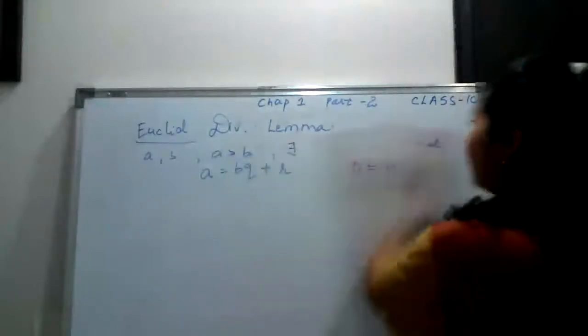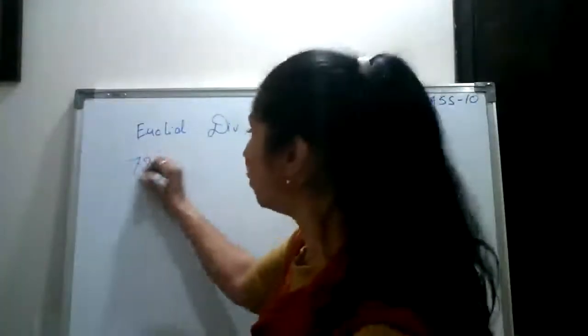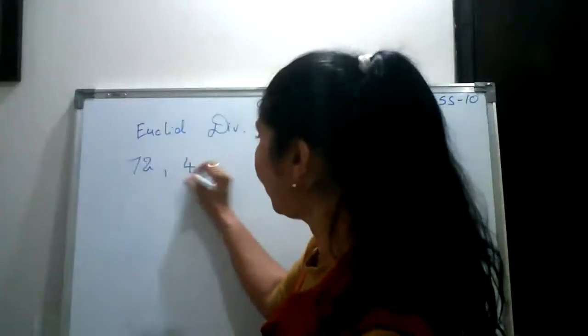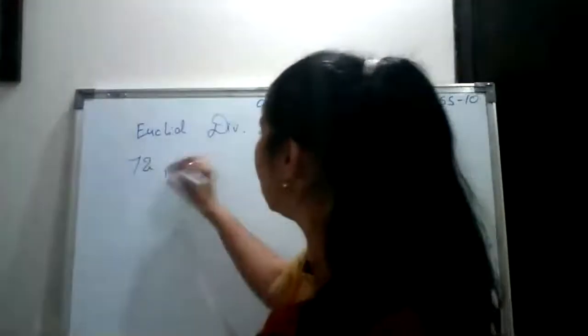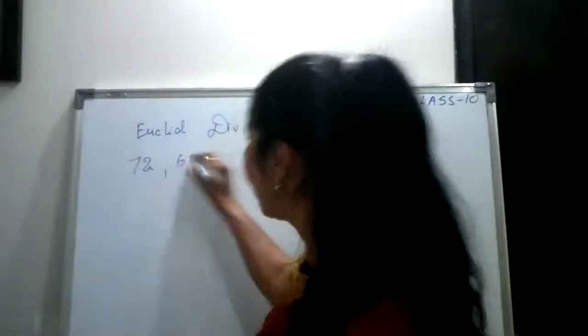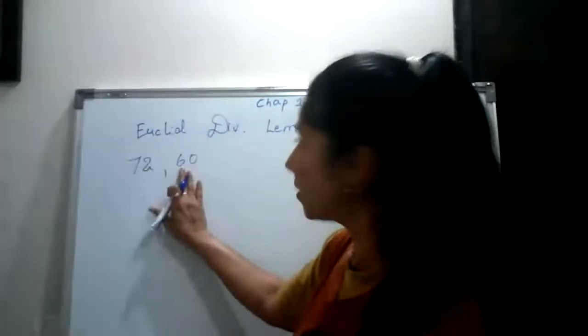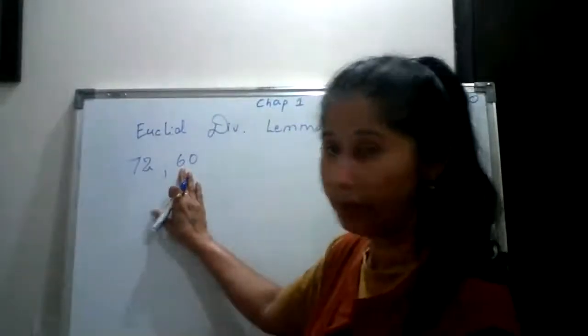Let's see how. I'll take one example, say 72 and 60. I want something where it is not divisible. Which is the smaller number? The smaller number will divide the bigger number.